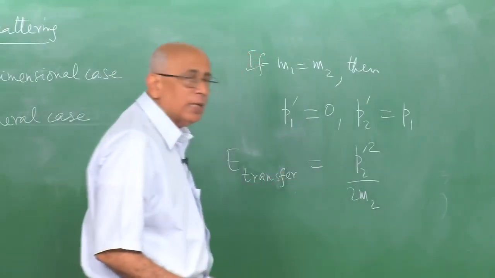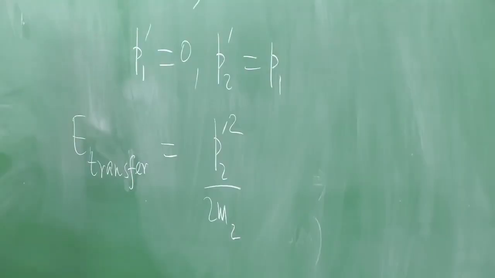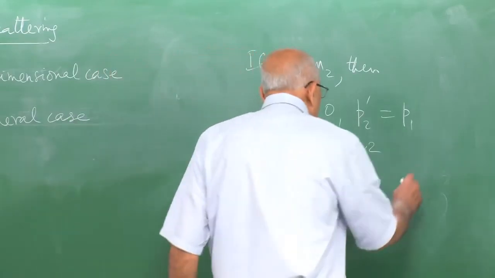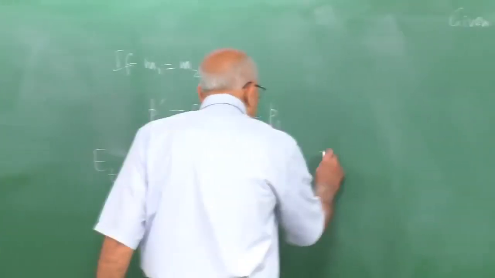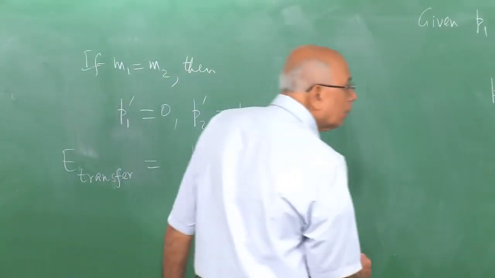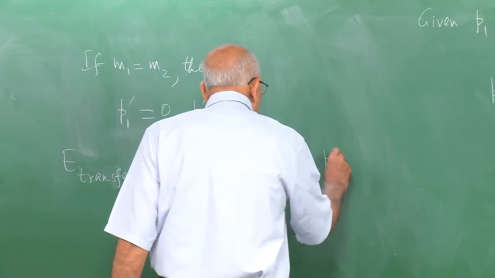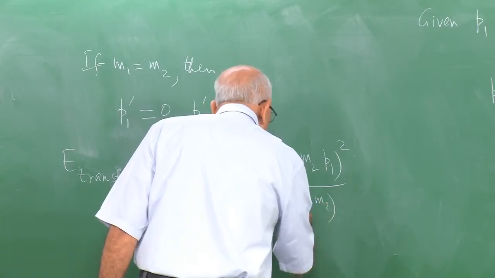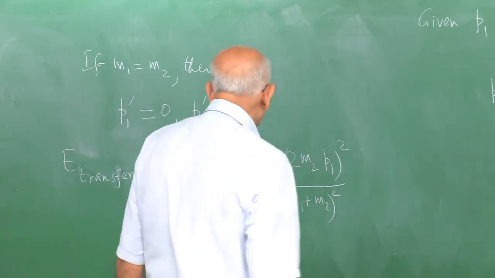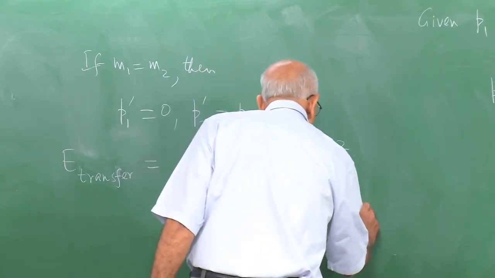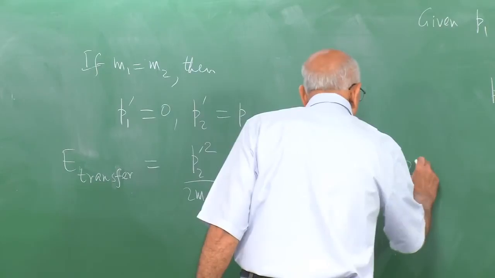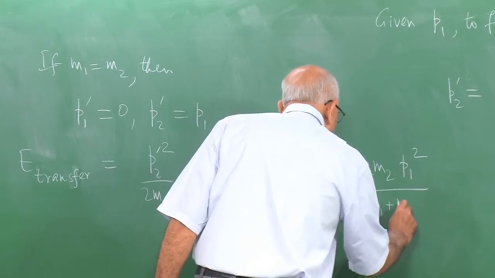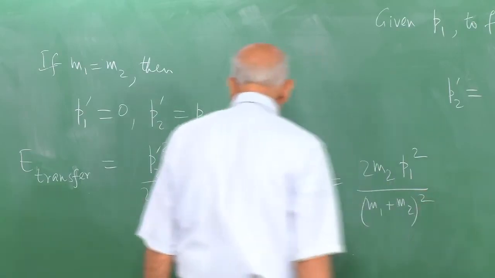The difference between the two is precisely this quantity. That works out to twice m2 p1 squared over m1 plus m2 the whole squared, over 2m2. So this is equal to twice m2 p1 squared over m1 plus m2 the whole squared.